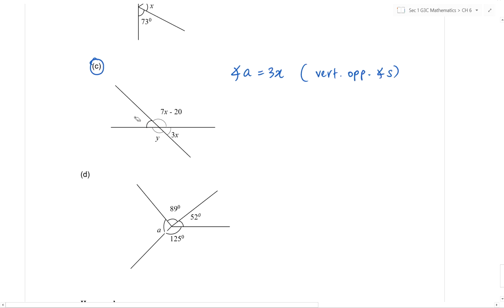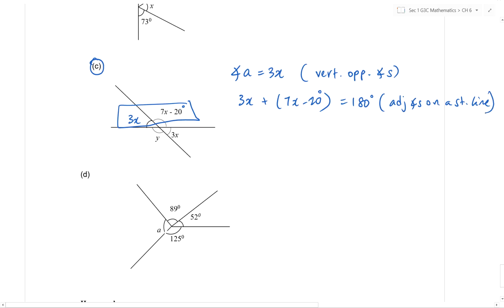So now I can replace A over here with 3x. Next, I will compare these two values. 3x plus 7x minus 20, in degrees, gives us a total of 180 degrees. The reason will be adjacent angles on a straight line.